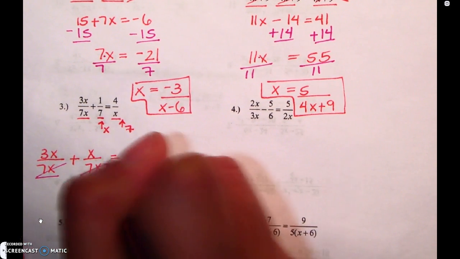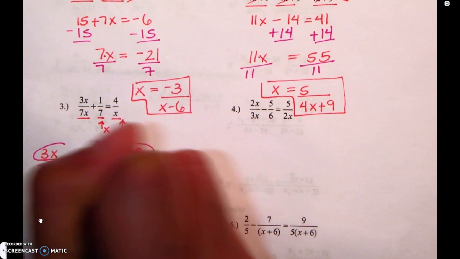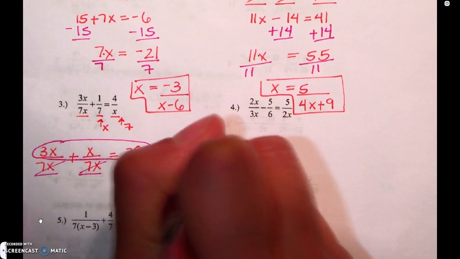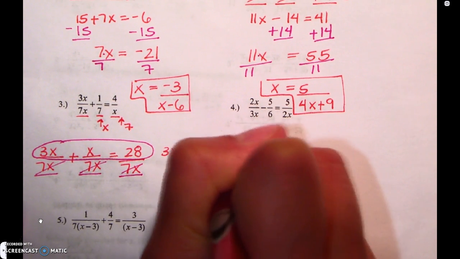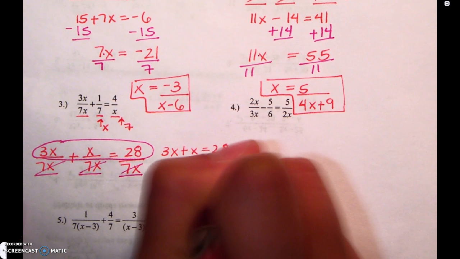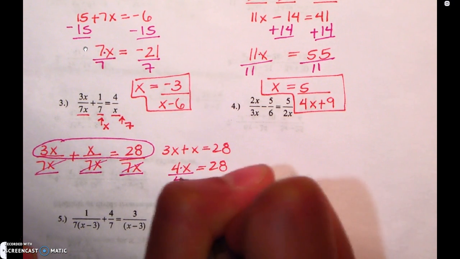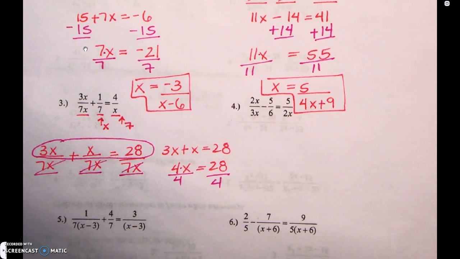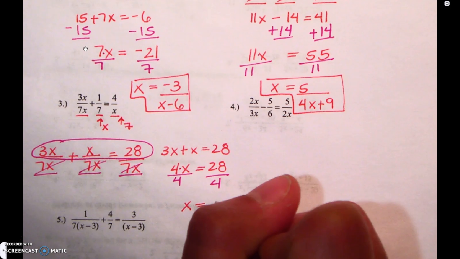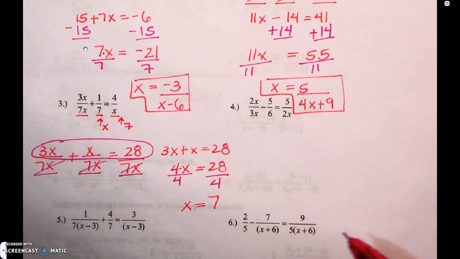Okay, I'm going to ignore them for now. And now I'm going to take my numerators and solve for x. So I really have 3x plus x is equal to 28. Well, we know that 3x plus 1x is equal to 4x. In order to get x by itself, we need to divide by 4. 28 divided by 4 is 7, I think. 7 times 4 is 28.